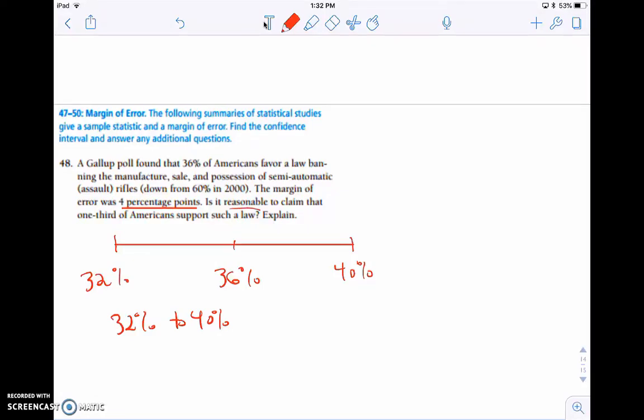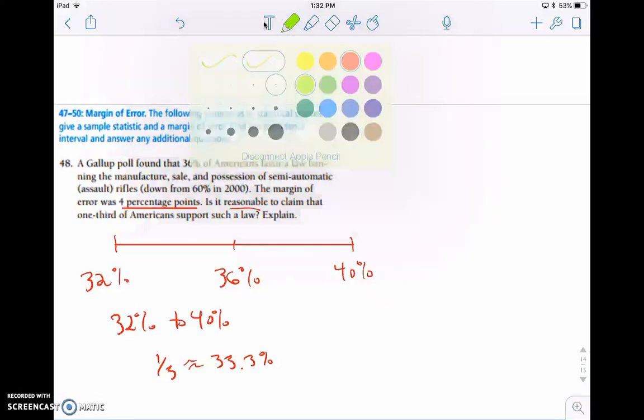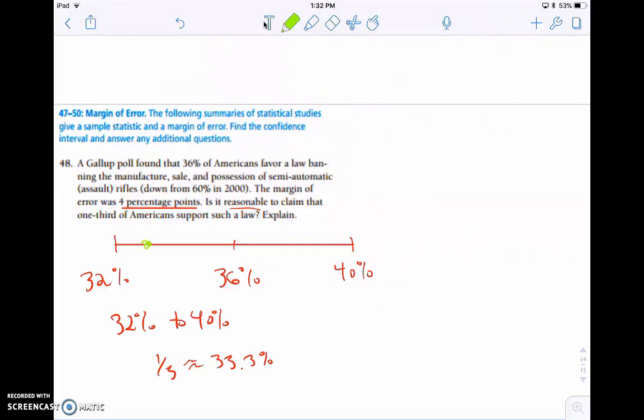It says, is it reasonable to claim that 1/3 of Americans support such a law? Well, 1/3 is approximately 33.3%, which definitely lies in our confidence interval. So 33.3% is maybe somewhere right in here. We would definitely say yes, because it is in the confidence interval.